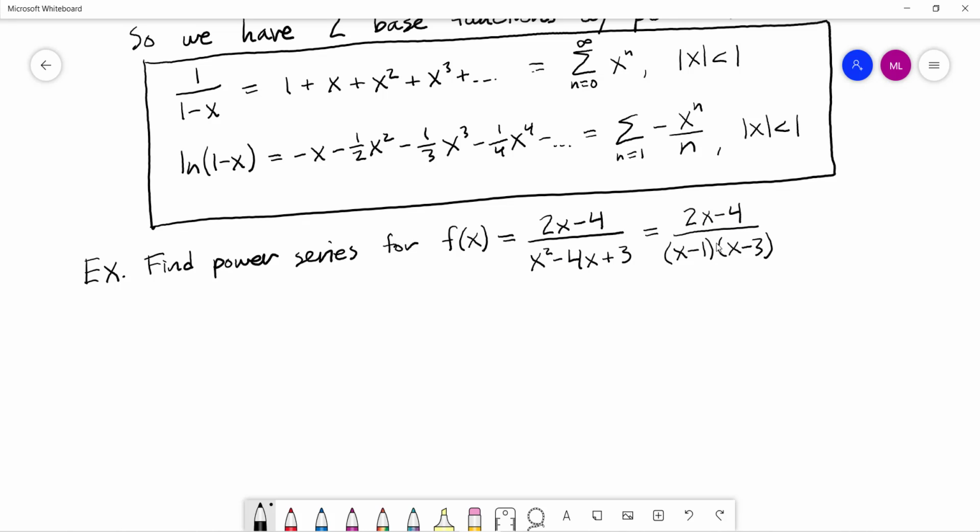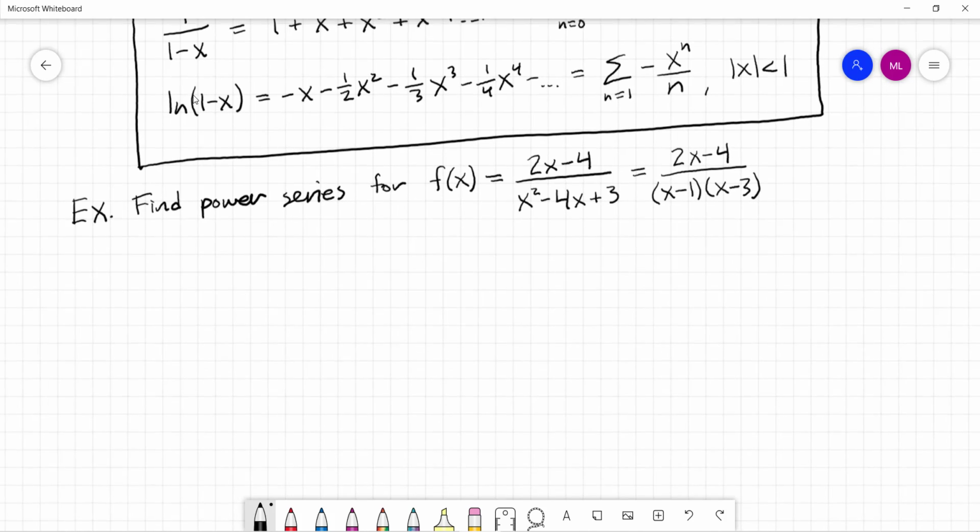This doesn't look very close to what we've got right here, but if I split this up and use partial fractions to rewrite this as the sum or difference of something over x minus 1 and something over x minus 3, then I'll have two different pieces that look a lot like this one. And so that's what I want to use.